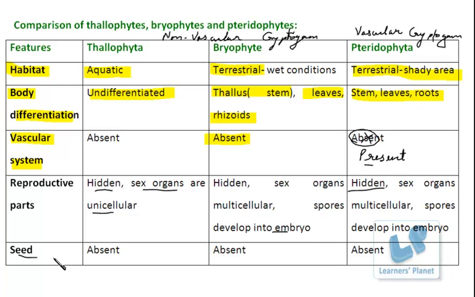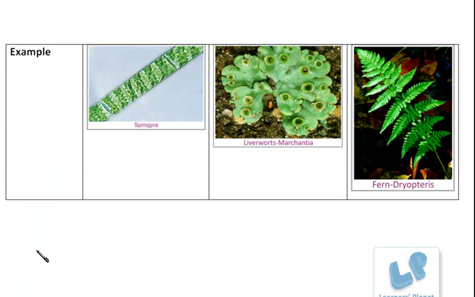So these are some basic properties. Now let me show you one more column, and in that I will show you the picture of each type. This is showing the example Spirogyra, which belongs to thallophyta, right? And these are obviously found in pond area or in the aquatic region, as a filamentous structure.